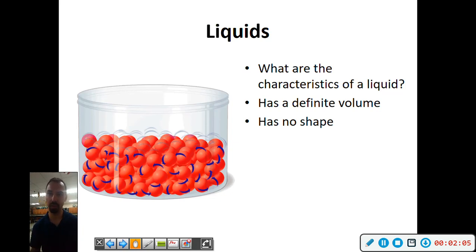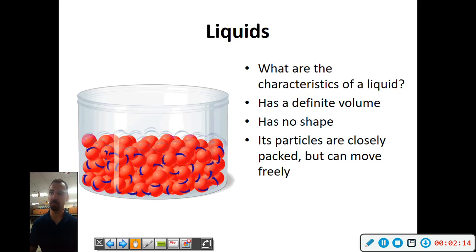So it will only have shape if you put it in a container and it takes the shape of the container. So we just say it has no shape. The particles are closely packed but can move freely. There is a lot more free motion of the particles in water, and they do move around quite a bit. You see this especially when you have boiling water, because again, you see the particles kind of moving all over the place.